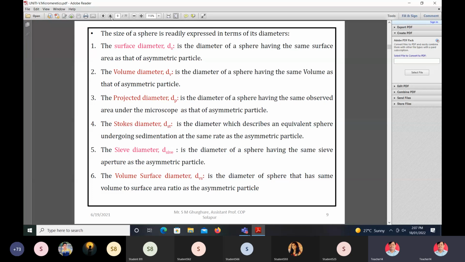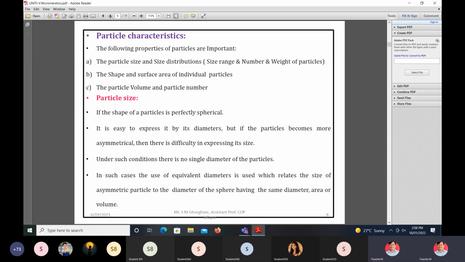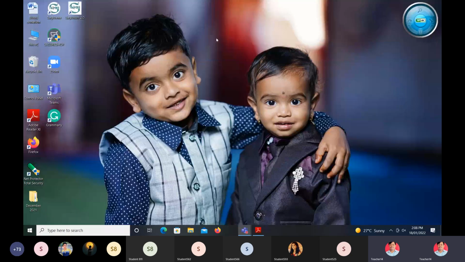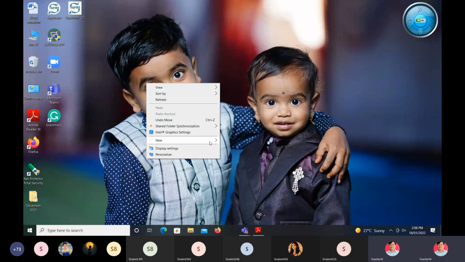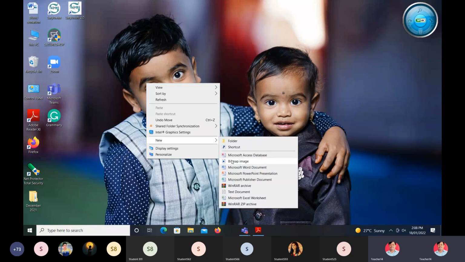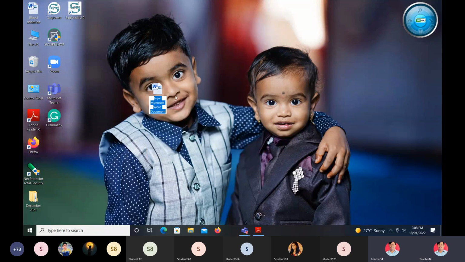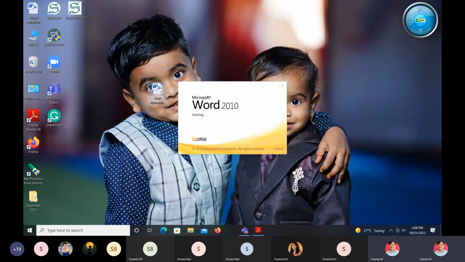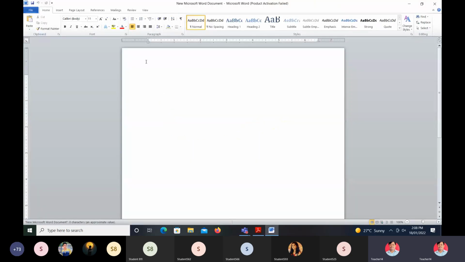So, the first thing you have to clear in your mind is whether the particles are perfectly spherical in shape. Spherical in shape means what? If the particles are perfectly spherical in nature, I will show you how to measure the particle size with symmetric particles and asymmetric particles.